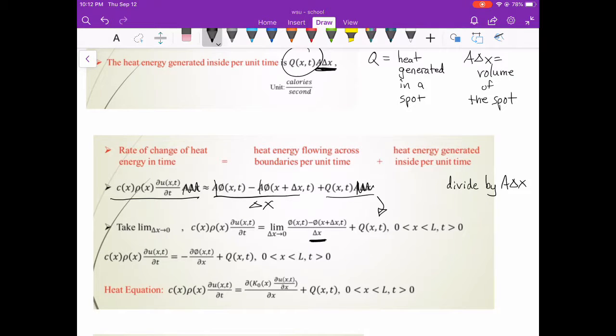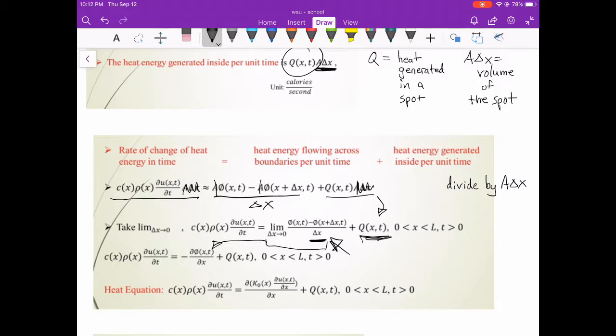So the only place where the delta x shows up after we've divided by the volume is here in this middle term. And so when you take the limit as delta x goes to 0, that's what the partial derivative is. So that's why this expression becomes the partial derivative of phi, or whatever that Greek symbol is, with respect to x.